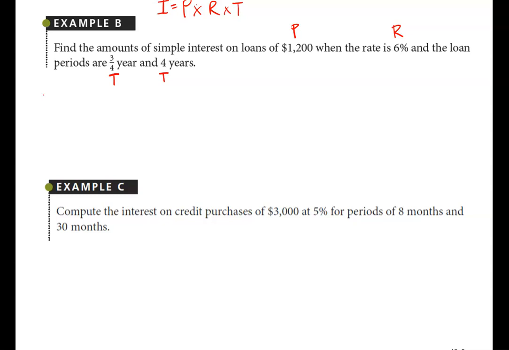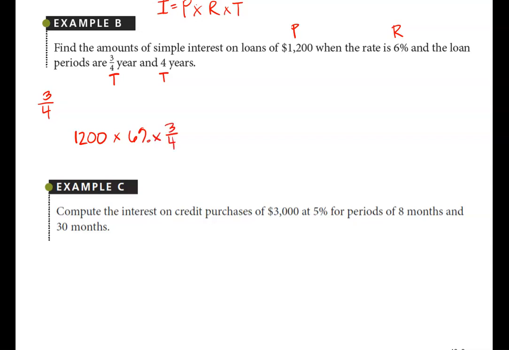So I want to calculate how much interest we would have to pay if the length of the loan was only for 3/4 of a year. Remember, I'm taking my principal amount of $1,200 and multiplying that by 6%.